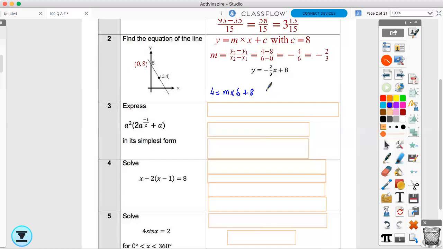Find me what m is. So you just take away 8 on both sides. You just solve this equation. Then you end up with -4 equals 6m.